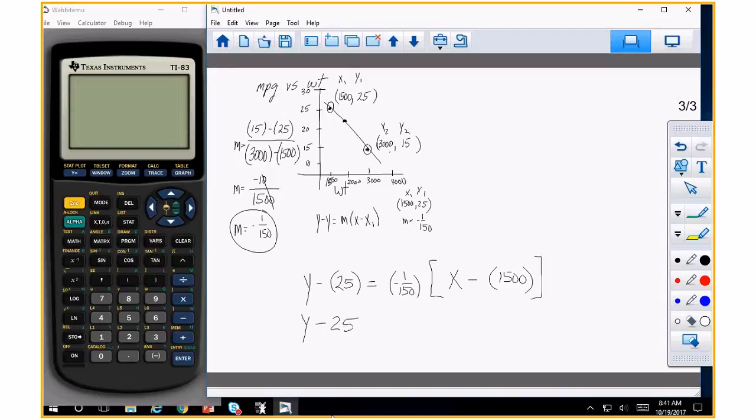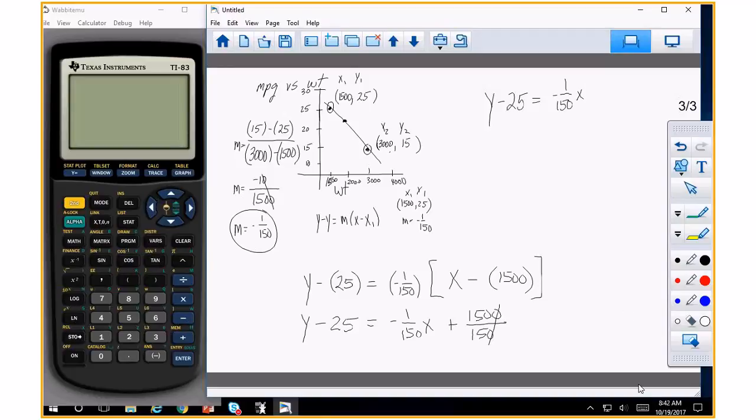y minus 25 is equal to negative 1 over 150 x plus 1,500 over 150, and look what happens to the zeros. Wow. So, y minus 25 is equal to negative 1 over 150 x plus what?